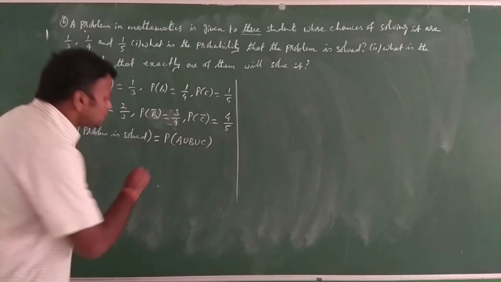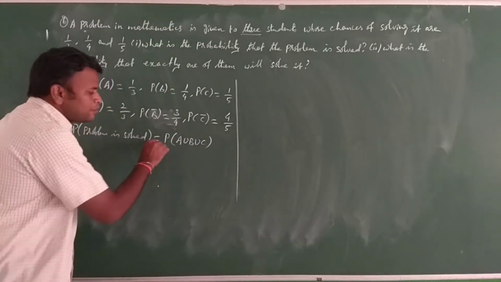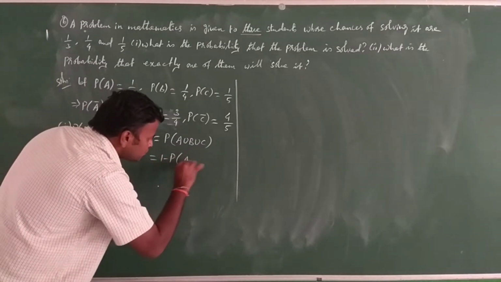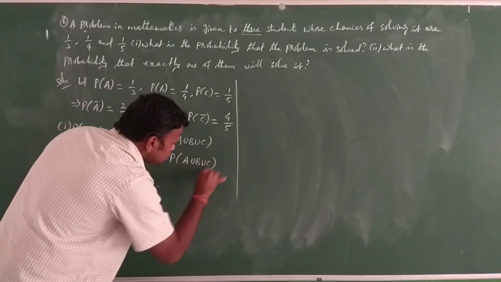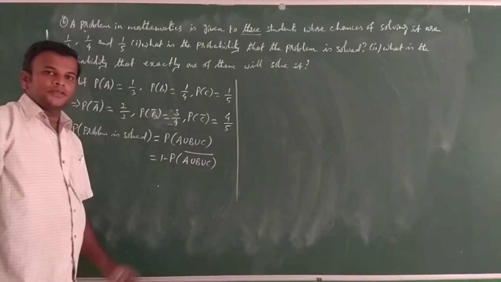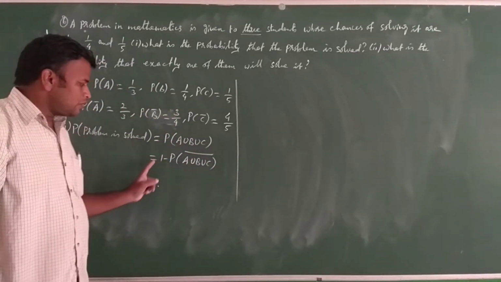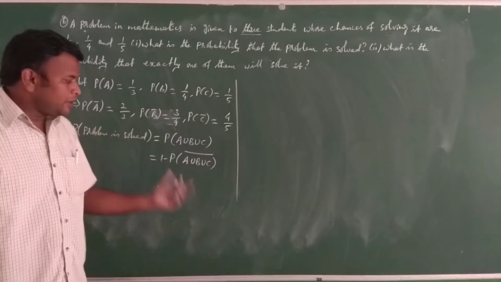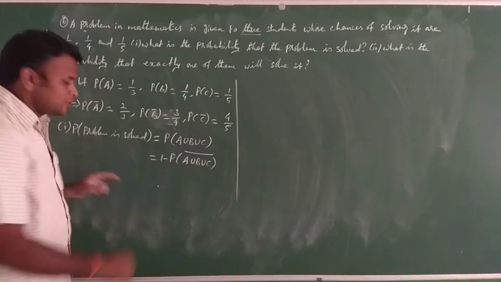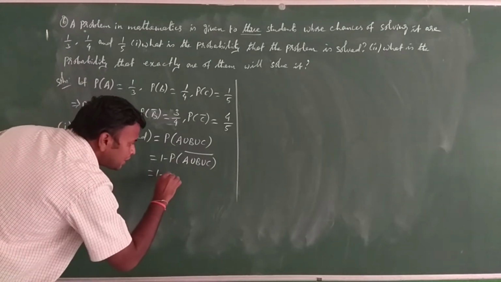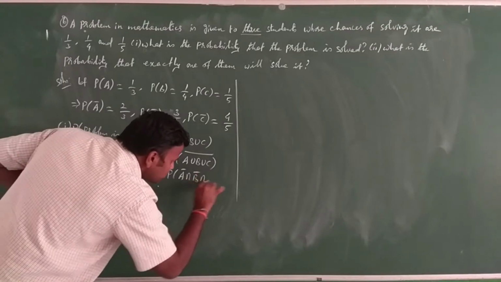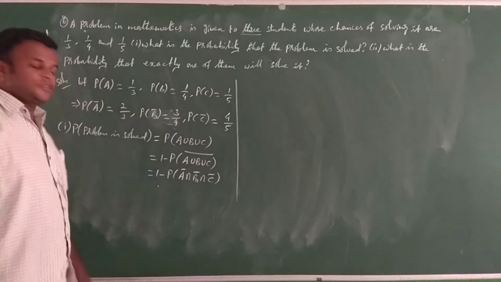So using the independence concept, P of A union B union C is nothing but 1 minus P of the complement of A union B union C. What is the reason, sir? By De Morgan's law, we write 1 minus P of A bar intersection B bar intersection C bar.